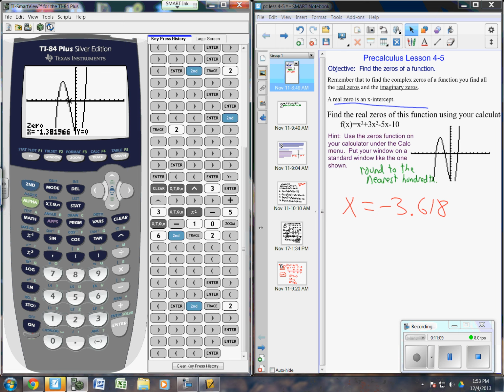Okay, and this one is negative 1.382. Good. Notice that after the 2 there's a 9, so it rounds the 1 up to a 2. Okay, now x equals negative 1.382.